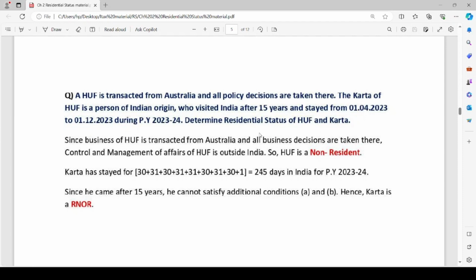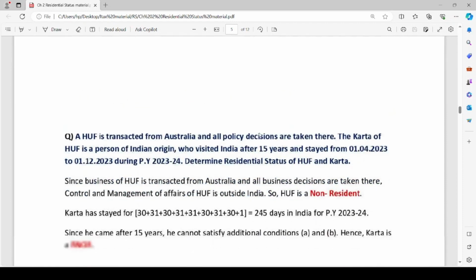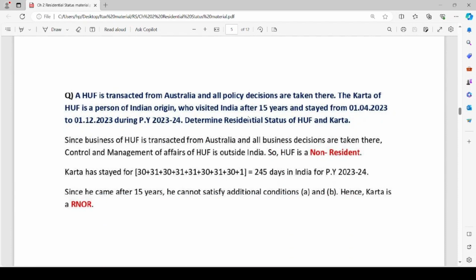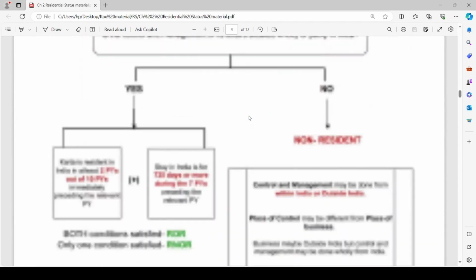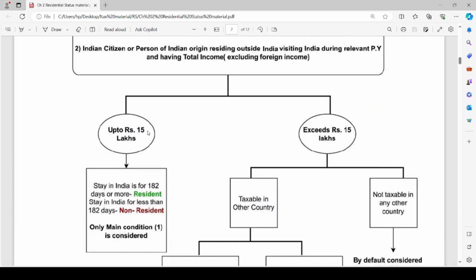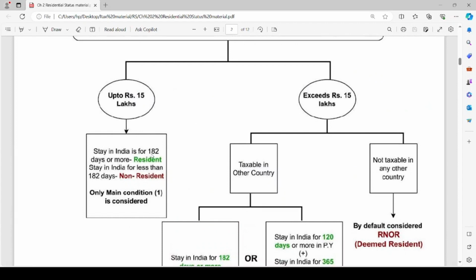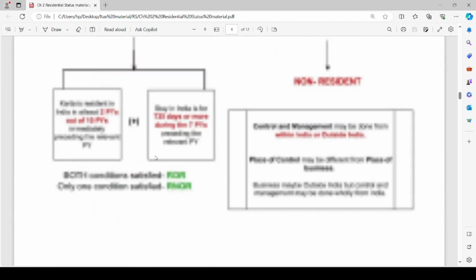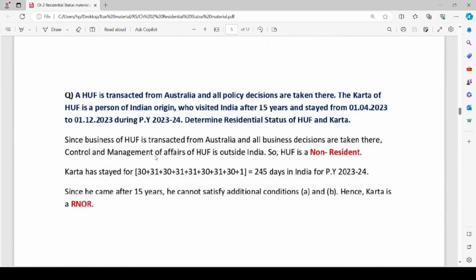Now, while determining the residential status of Karta, it has been mentioned in the question that Karta is a person of Indian origin. Then we have to determine residential status by considering these conditions. If the person's stay in India is for 182 days or more, the first condition we have to check is if the Karta has stayed for 182 days or more in the previous year.